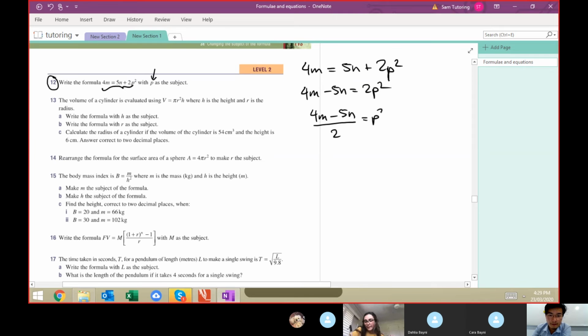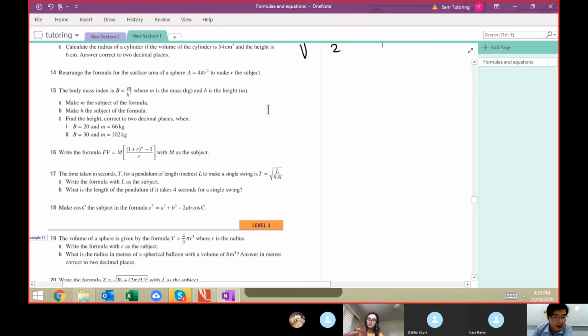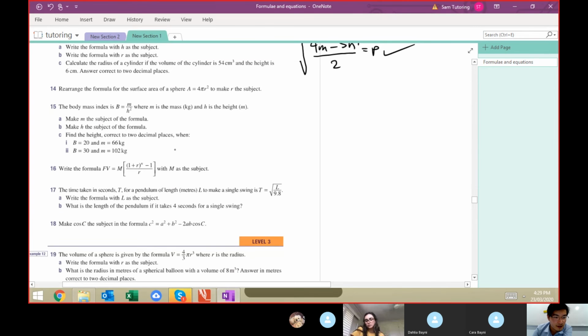And then lastly? And then square root. Yeah, we'll get rid of that. And then, yep, that's it. This one here is not that bad. It's actually relatively easy.